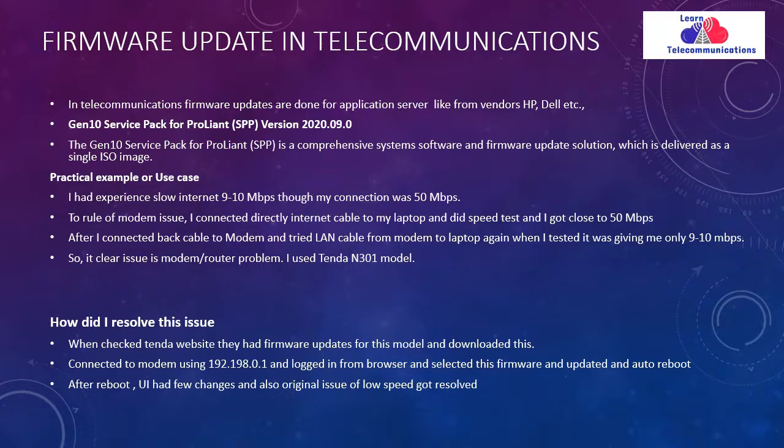I set my laptop to the IP address 192.168.0.1, and I logged into the browser through admin credentials, and there's an option to do a firmware upgrade. Post the firmware upgrade, the modem auto rebooted, and I saw a few UI changes also. Features got added, and the original issue I had, the low throughput internet speed, was also addressed. So this is an example.